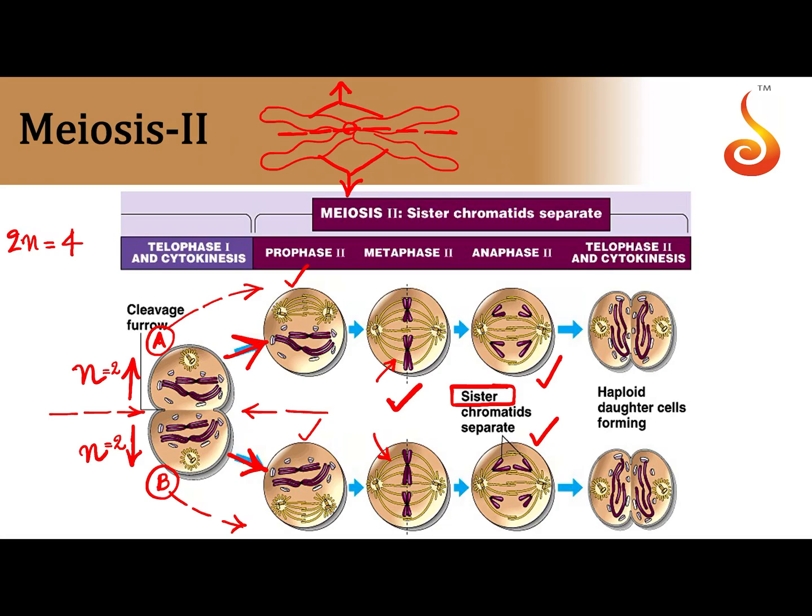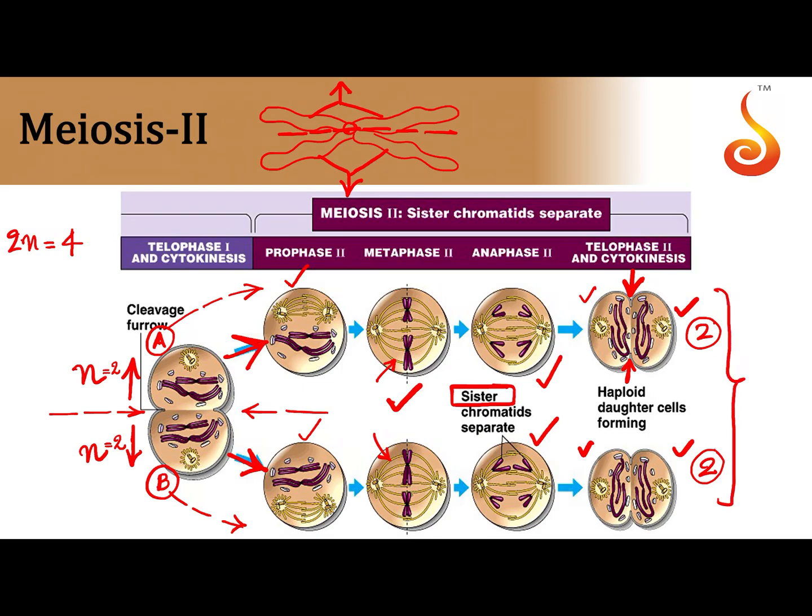And then the sister chromatids, which now become chromosomes, get pulled towards the opposite poles, and they reach the opposite ends in telophase 2, and you can see that there is reformation of the nuclear envelope, and of course again the cytokinesis sets in, and here we have 2 daughter cells and here we have 2 daughter cells.